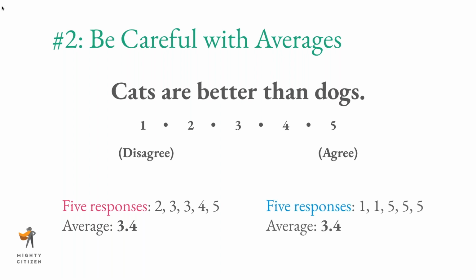Separately, running the same survey at a different time, you might get these responses: two 1s and three 5s. Well, those responses are really disparate. They are passionate one way or the other about whether cats are better than dogs, but your average is still 3.4. So it still looks neutral, like you got neutral feedback, and it matches the number for the more mixed results.